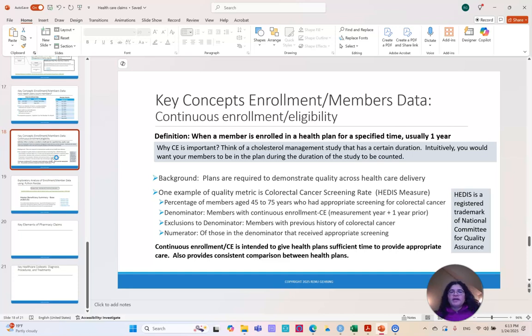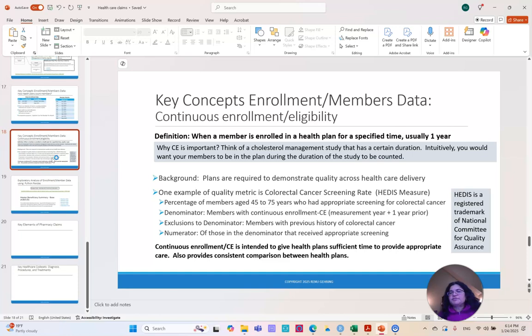Why is continuous enrollment important? First of all, what is continuous enrollment? The definition would be, if a member is enrolled in a health plan for a specified period of time, usually 1 year, then we can say that member was continuously enrolled for 1 year.